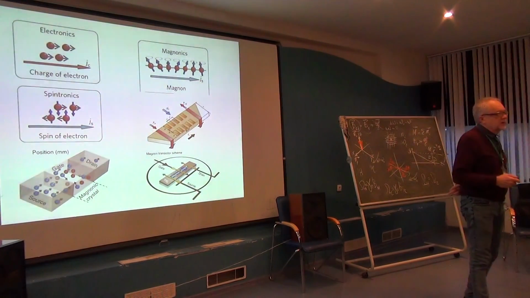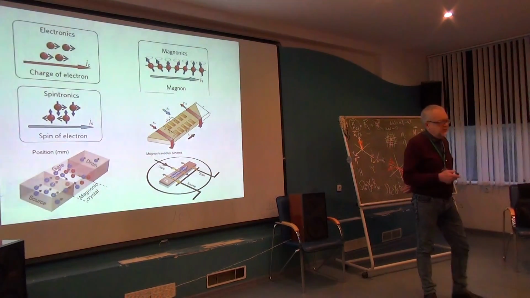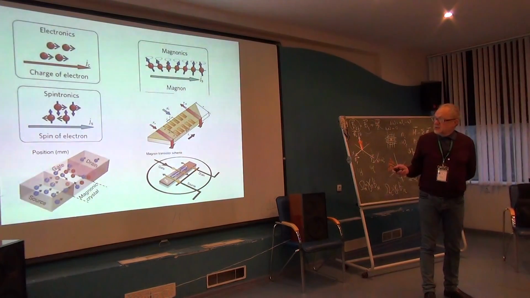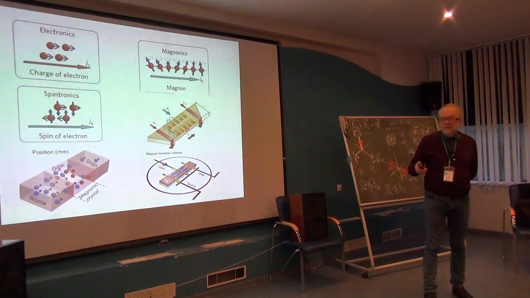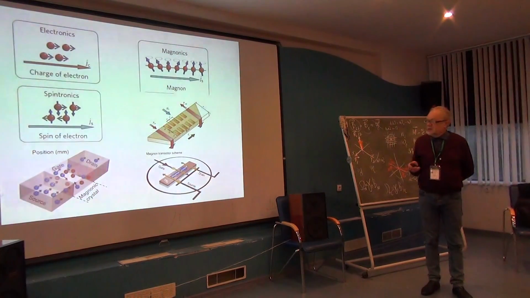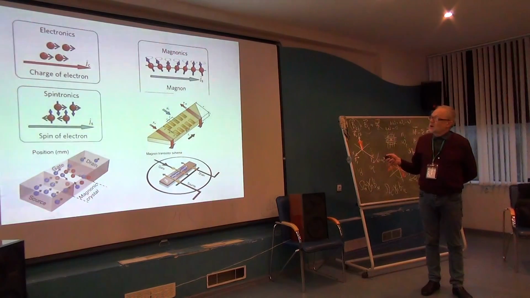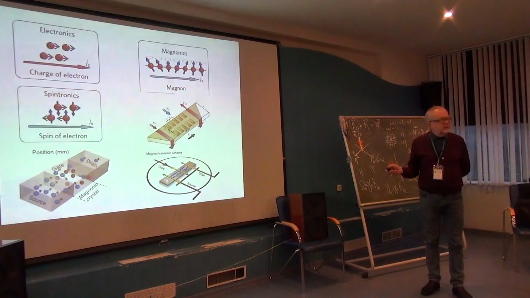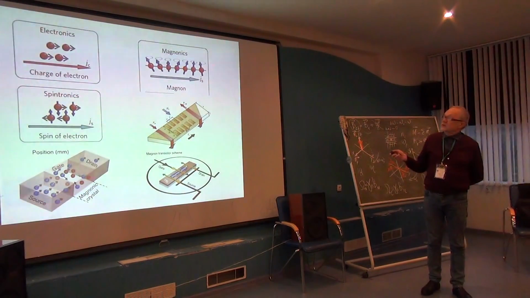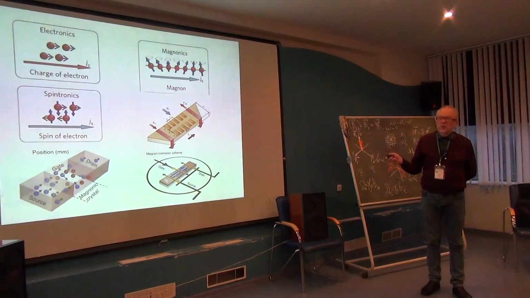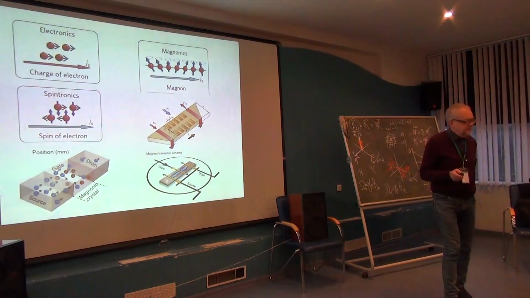Equipment based on this method was named spintronics. And later, or even at the same time, another idea was developed. It is magnonics, where the magnetic moment is transported without electricity, without the electrons. So this is the transport of magnetic moment in dielectrics.